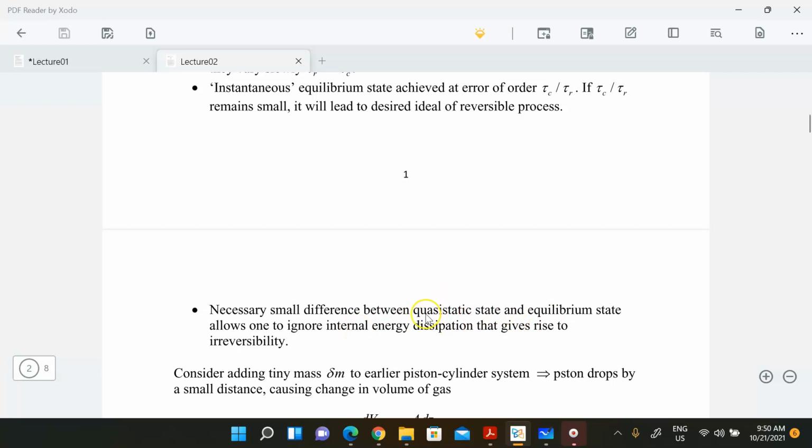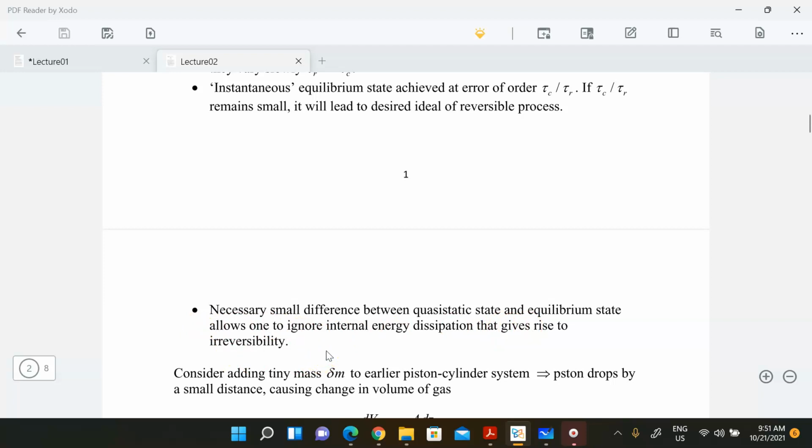In this case, you ignore certain dissipation of energy, and within a certain error scale, you can then talk about reversibility. But if we do not ignore this dissipation, then you get irreversibility.